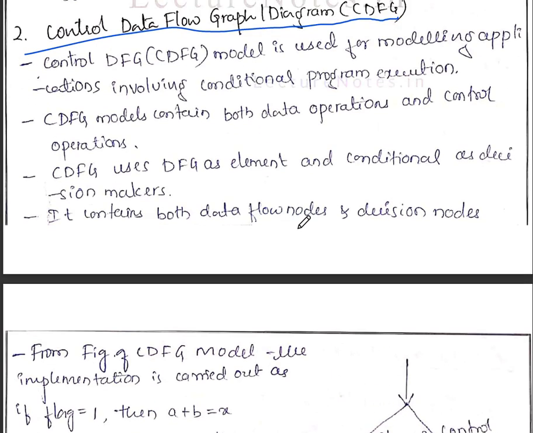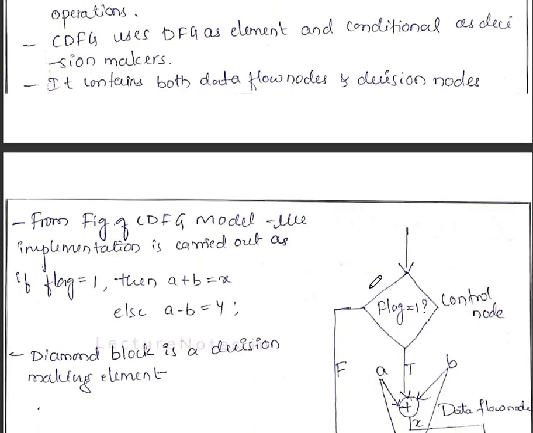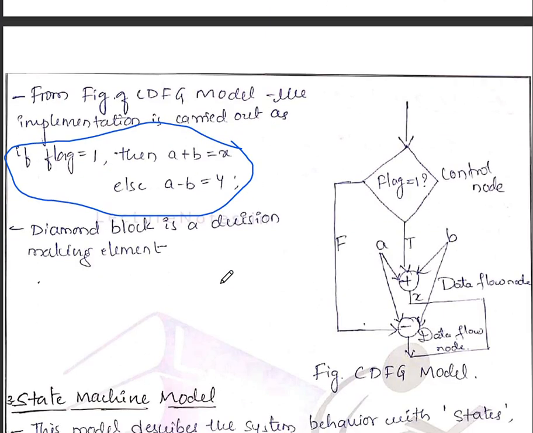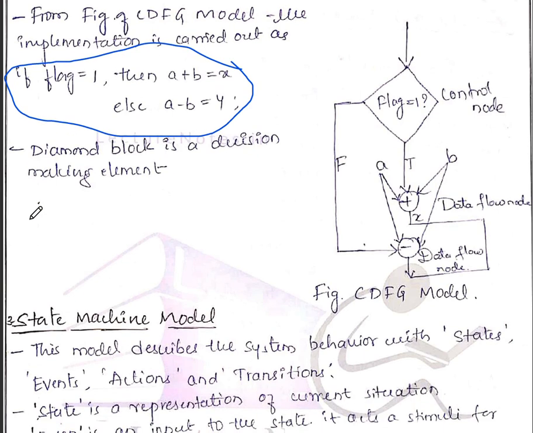So this is control data flow graph or diagram, in which the control lies only based on the condition, and if flag is 1 then a plus b is equal to x, and else a minus b is equal to y. So diamond block is the decision making element or the control node.